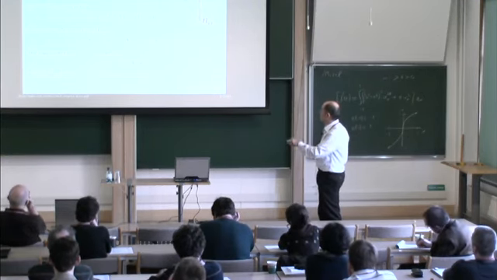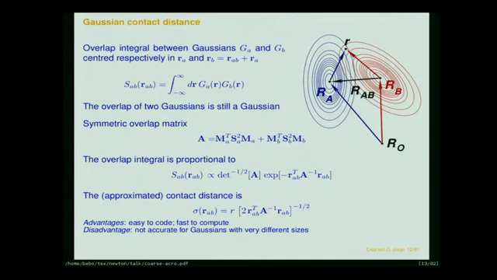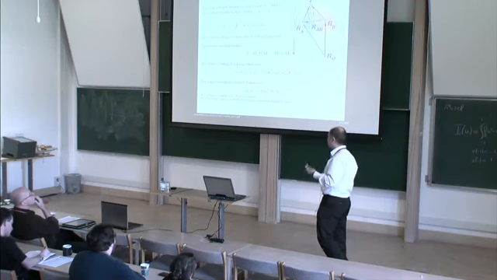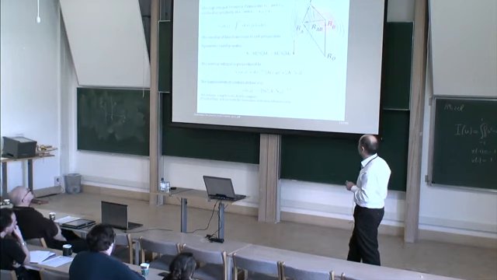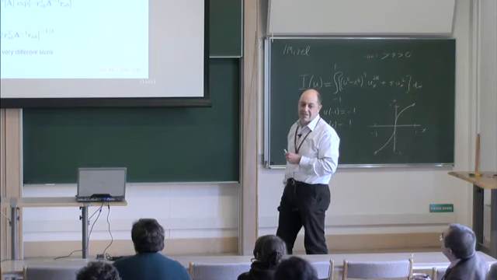So this equation is very fast to compute and also easy to code, and it works reasonably well. But there's a but, because this approximation doesn't work if the Gaussian functions are very different.